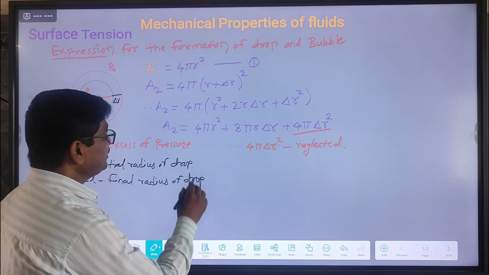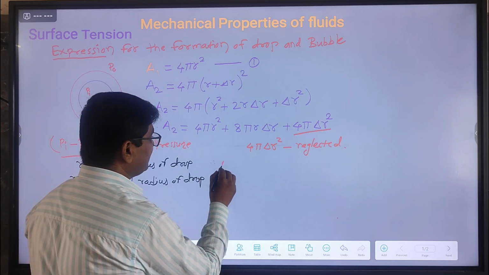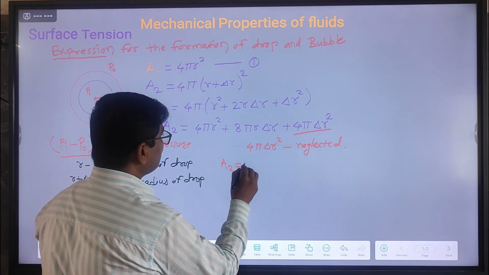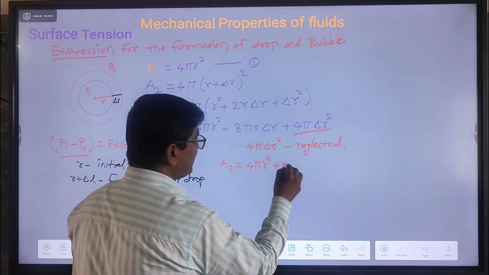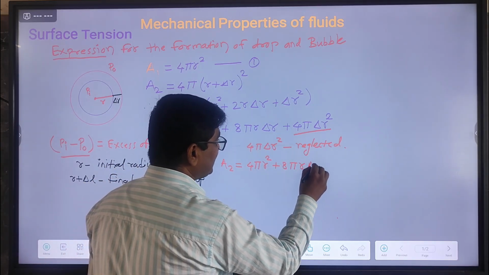So the final surface area A2 is equal to 4 pi r square plus 8 pi r delta r.